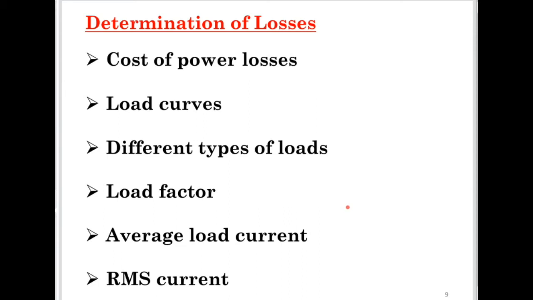And they do it for the whole 24 hours. So if we put those values of megawatt on the y-axis and the hours on the x-axis, from 12 noon to 12 midnight or 12 midnight to 12 noon, whatever way we like, it will give us a curve. We call it a load curve.